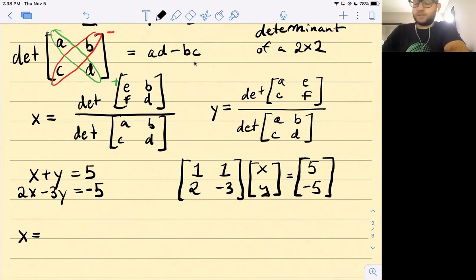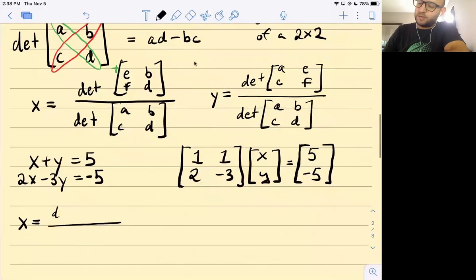Nice, Jack. Nice. You got it. So let's do the denominator first. In the denominator, you write the determinant of 1, 1, 2, -3, and you can just calculate that. And then the top, recall, this is your x column, this is your y column.